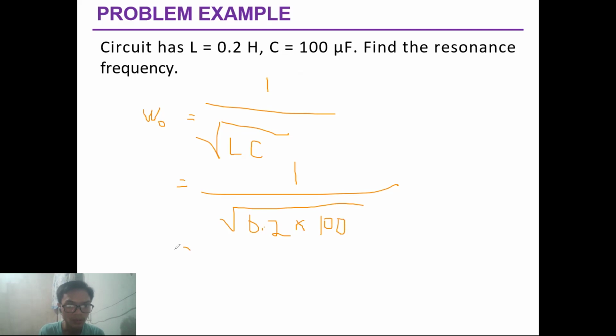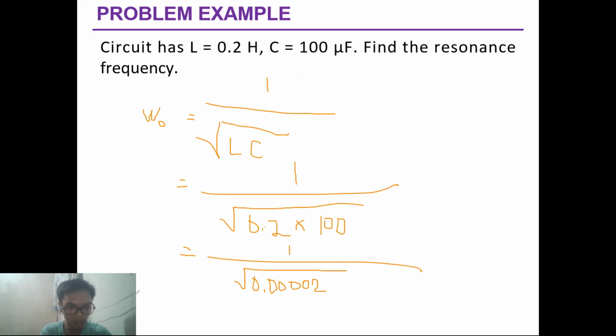So this is 1 over the square root of 0.000002.